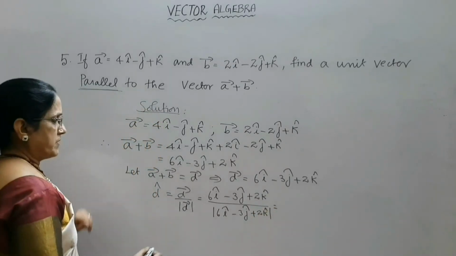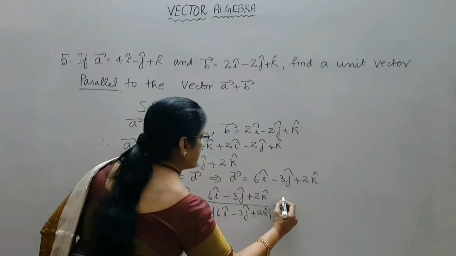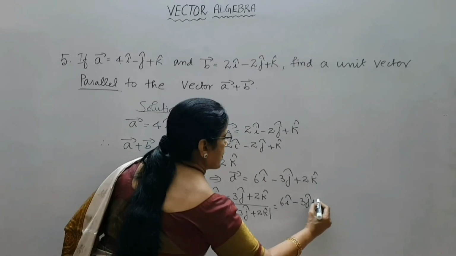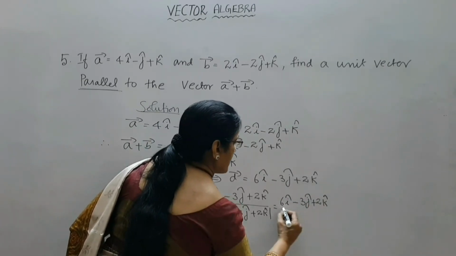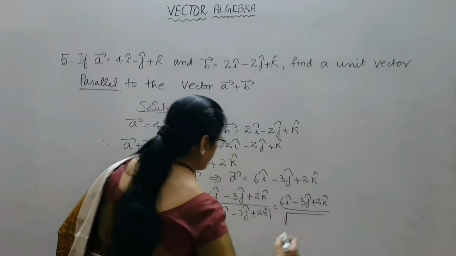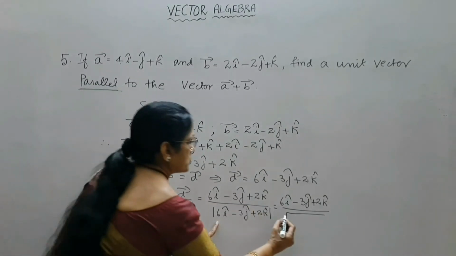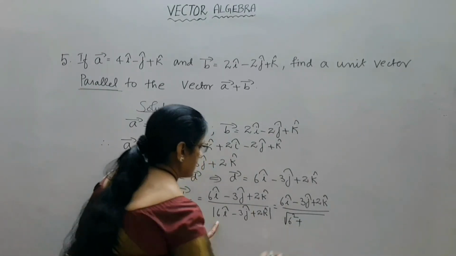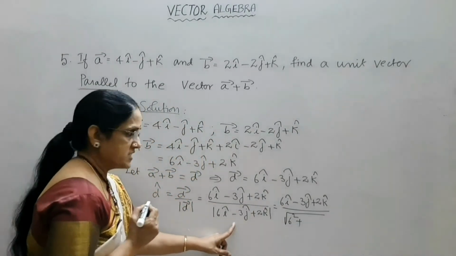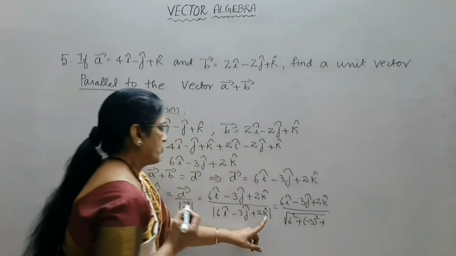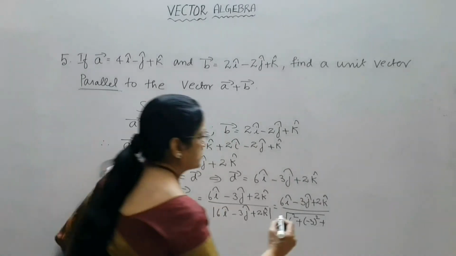Now, when you simplify, you will be getting this as 6i cap minus 3j cap plus 2k cap by square root of, the coefficient of i cap here is 6, so 6 square, plus coefficient of j cap is minus 3, so minus 3 the whole square, plus coefficient of k cap is 2, so 2 square.